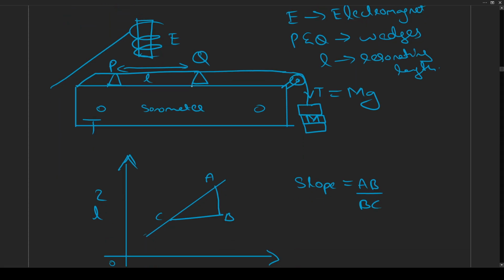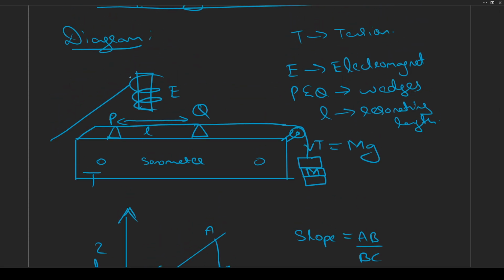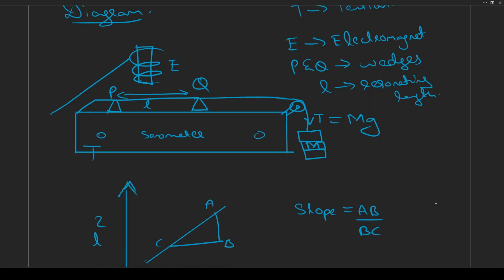Basically, we know that current produces a magnetic field, and using the right hand thumb rule we can identify the direction of the magnetic field. But this is for direct current, which goes in a single direction.